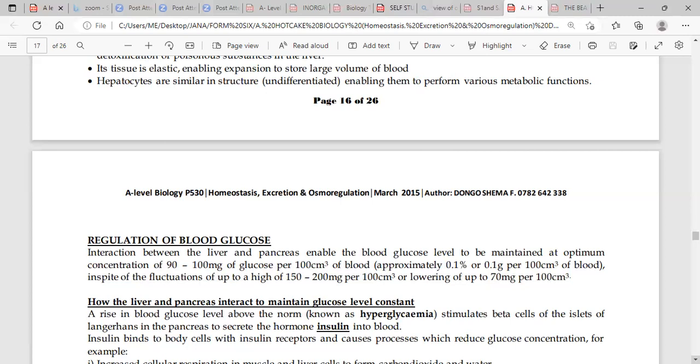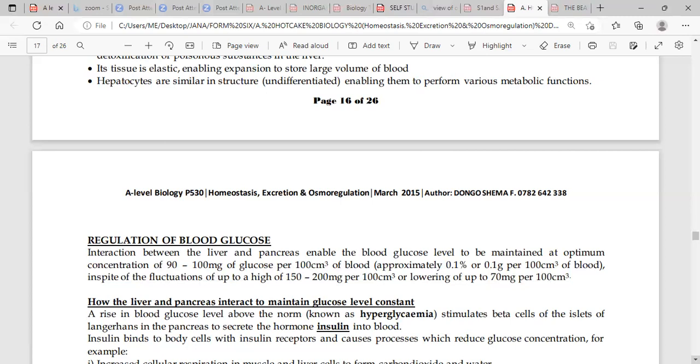In spite of the fluctuations of up to a high 150 to 200 milligrams per 100 centimeters cubed, or lowering it up to 70 per 100 centimeters cubed. So sometimes it can go high up to 150 to 200, or it goes low to 70, and so on.